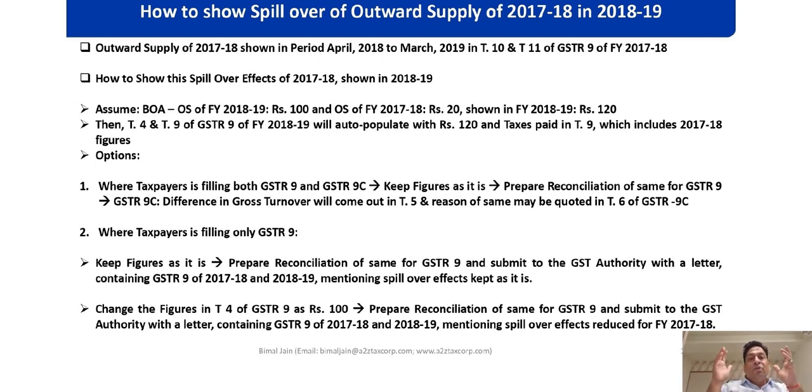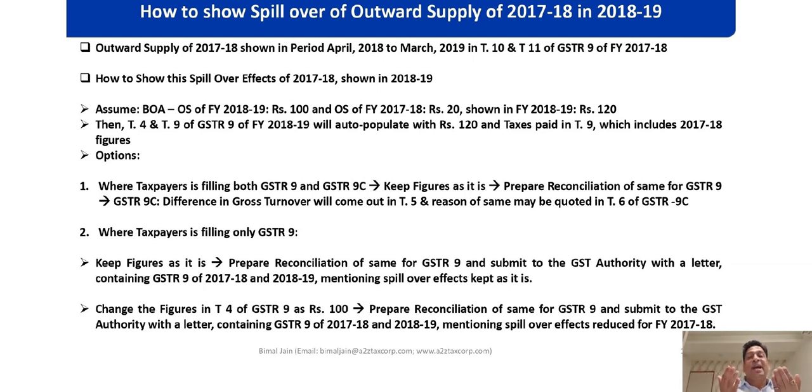Accordingly, you get one reconciliation done, and this reconciliation will show that you have reduced 20 rupees of 17-18 shown in April 18 to March 19, and that reconciliation needs to be attached with the letter. Here also I will suggest you submit a letter to your jurisdictional officer with a copy of GSTR-9 of 17-18 and GSTR-9 copy of 18-19.